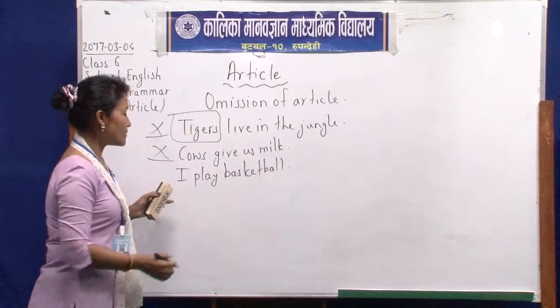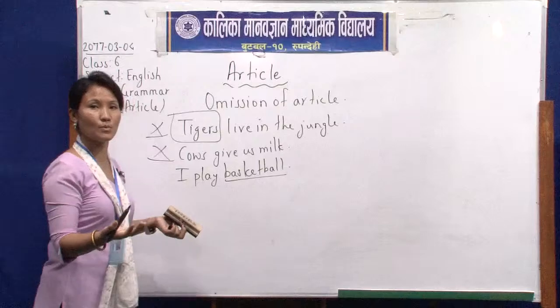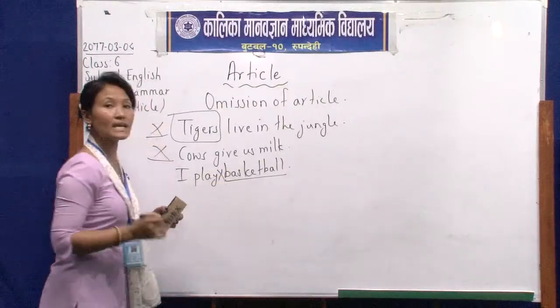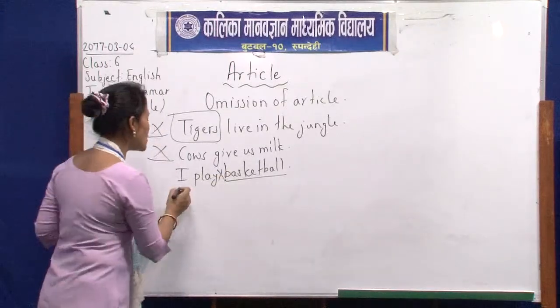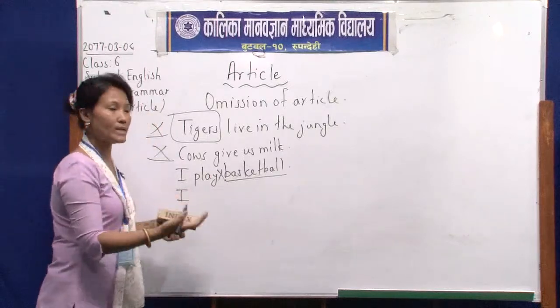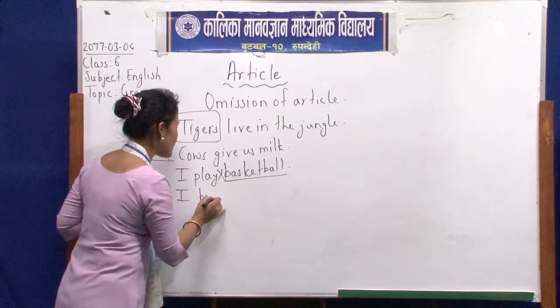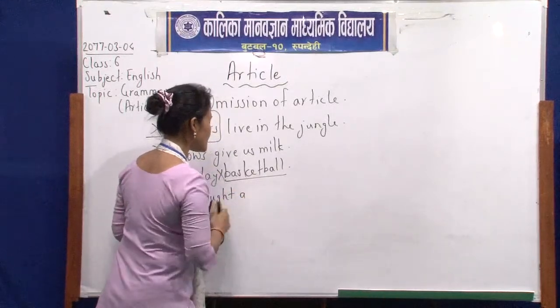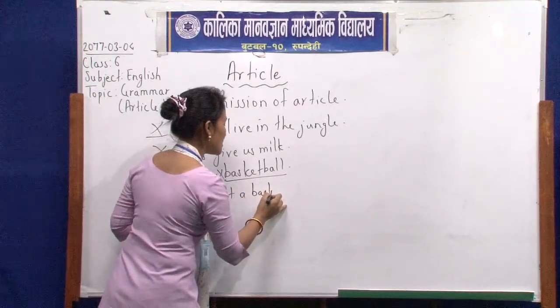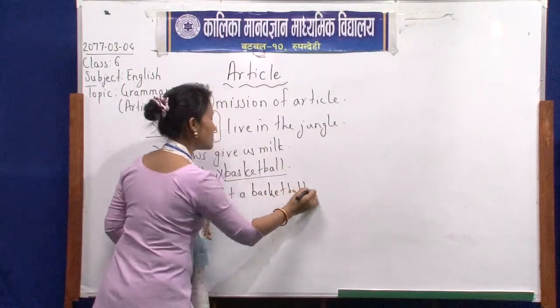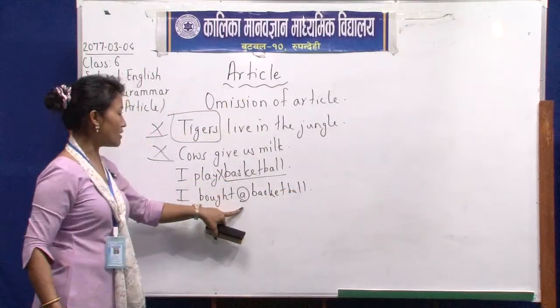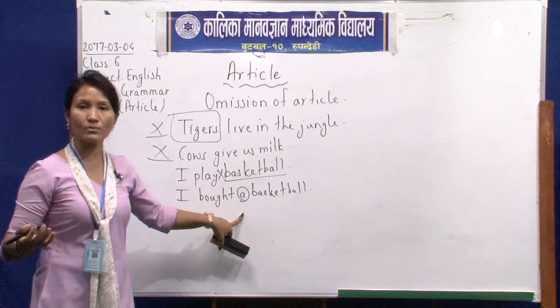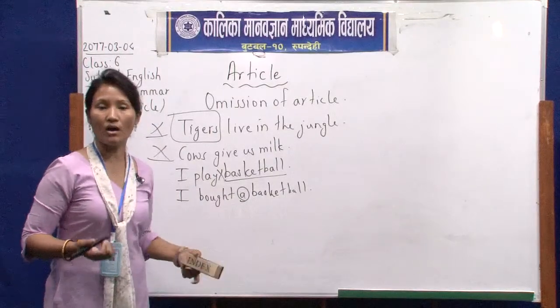Here basketball is a sport or game, so we are not going to use any article here. But if we use it in the context of quantity, like I bought a basketball, here we are talking about quantity, so it will take a. When we talk about quantity, it will obviously take a.